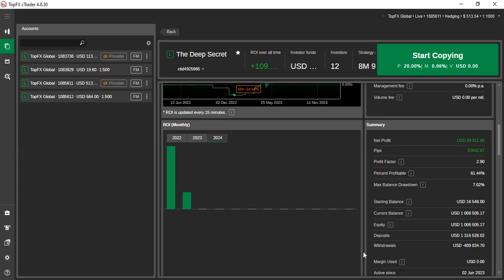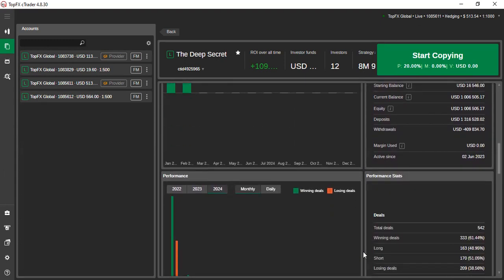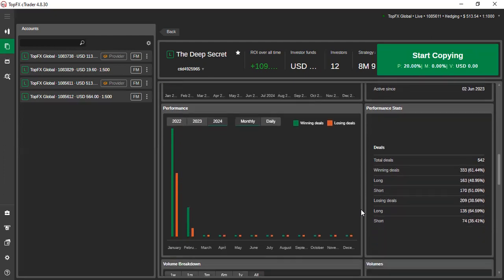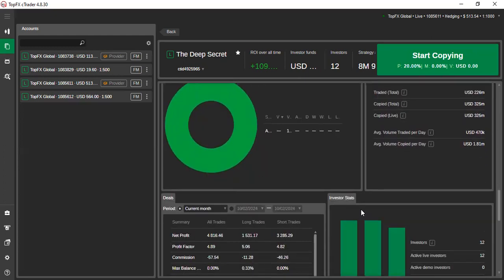So cTrader would give you details of the strategy provider. And when you come here, we also have deals. So performance stats, deals, total deals, which is 542. This simply goes for the number of positions this trader has opened since he started providing the copy trade service.